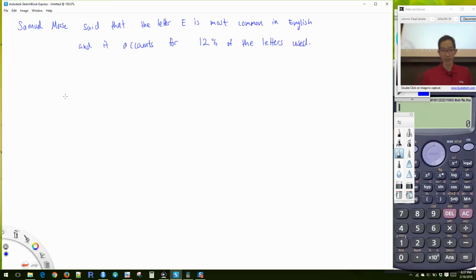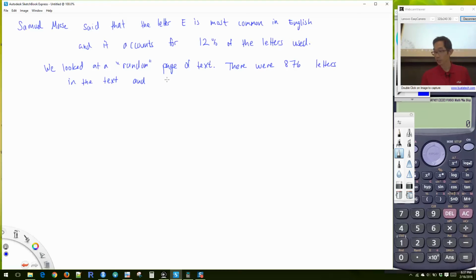We looked at a page of text, a random page of text. There were 876 letters in the text, and 118 of them are E's.